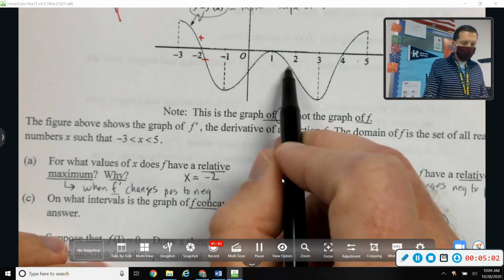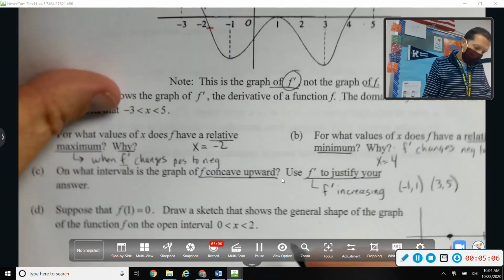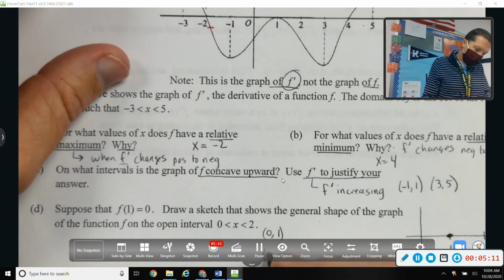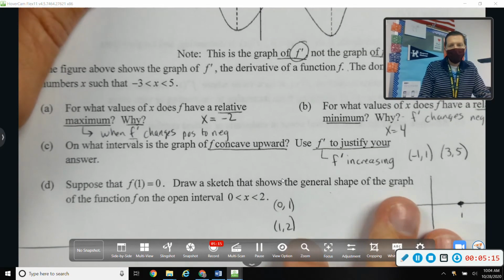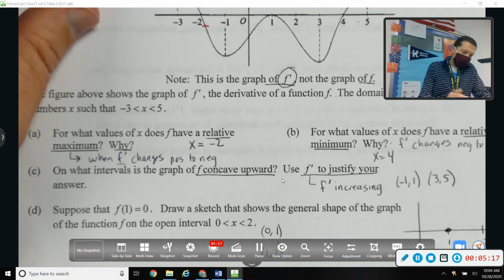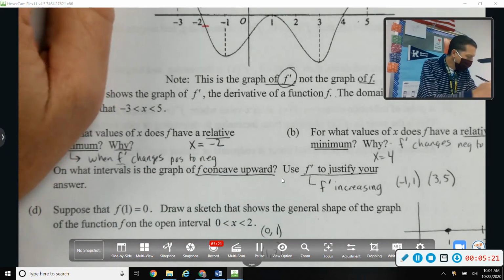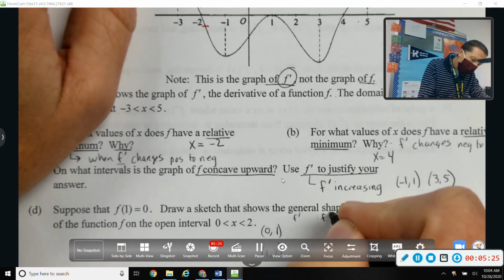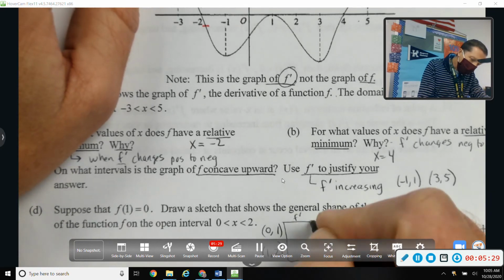I think those are different intervals. I think I want to figure out what's happening between 0 and 1, and what's happening between 1 and 2. Something happens at x equals 2. So let's figure out its first derivative and its second derivative on those intervals.